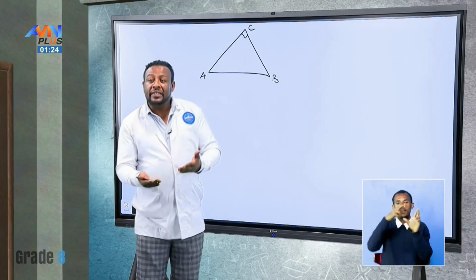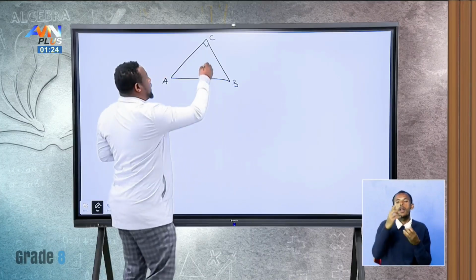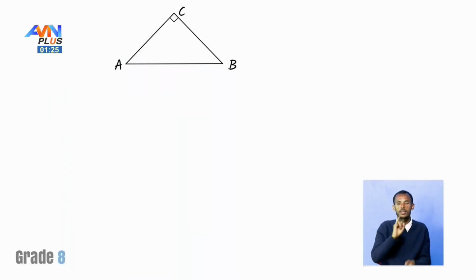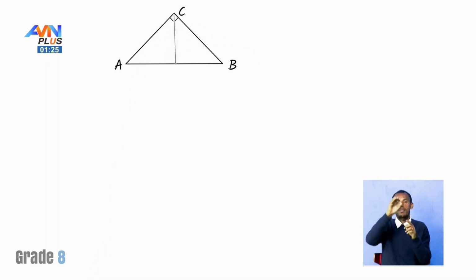So in Euclid's theorem, we need to have one more side, that is altitude drawn from this 90 degrees to the hypotenuse, forming perpendicular, okay?